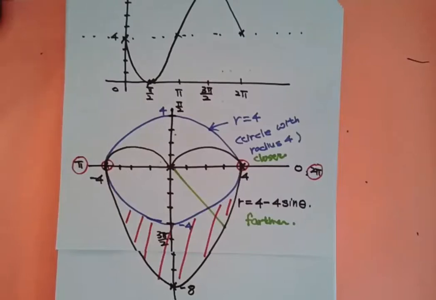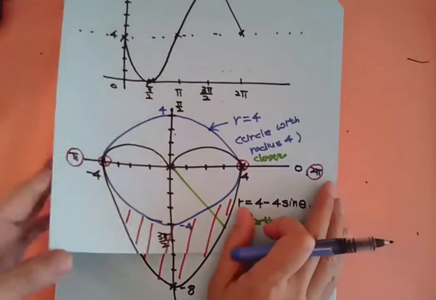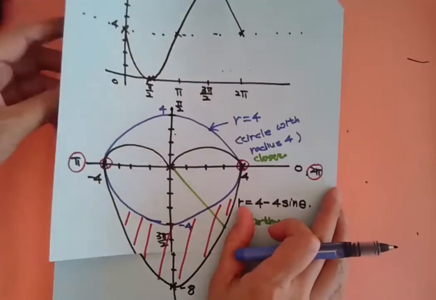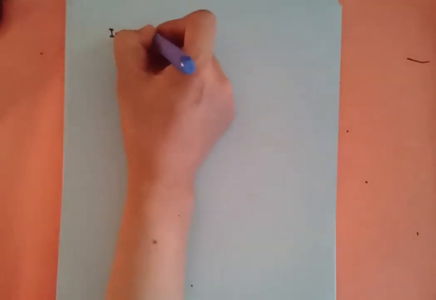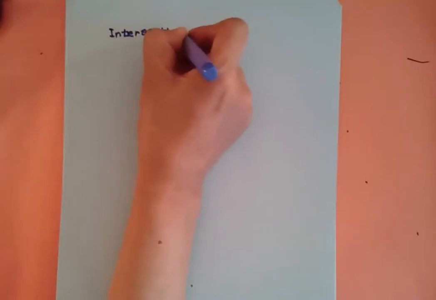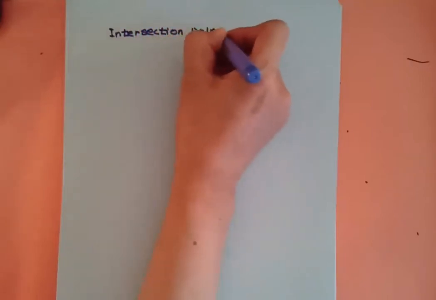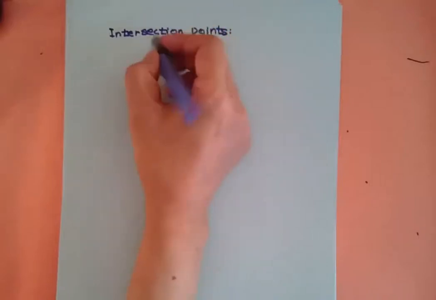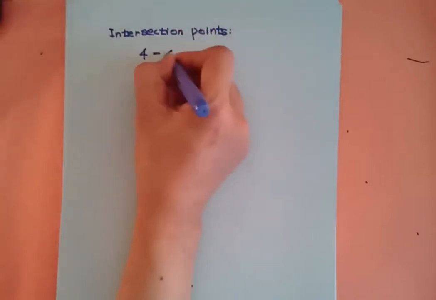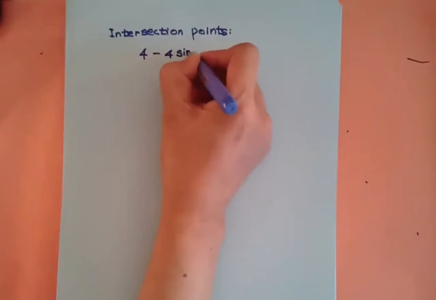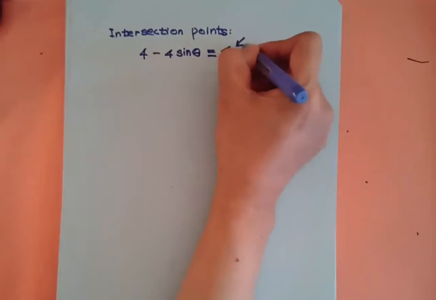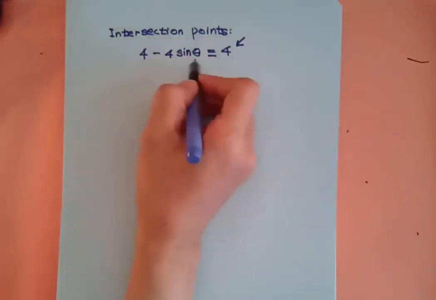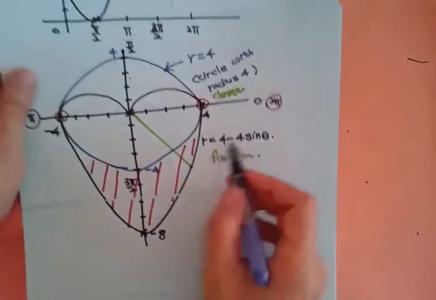But if you want to calculate the intersection points, you can still do it algebraically. That is 4 minus 4 sine of theta equals 4, because this is the equation of a circle. The left side is the equation of a cardioid, which is given like this.